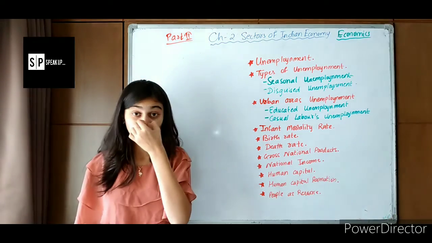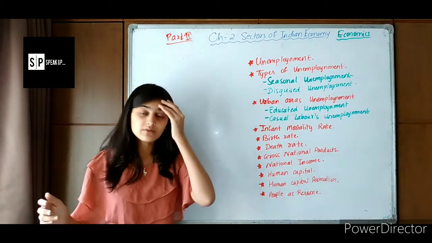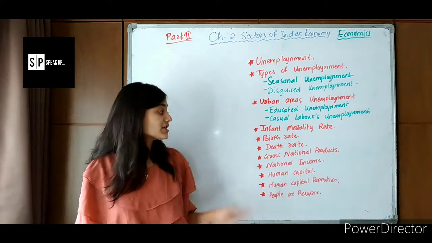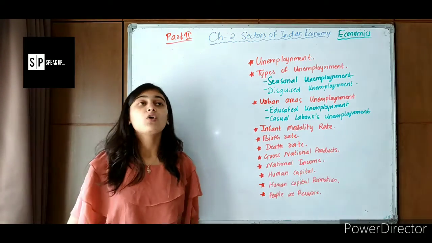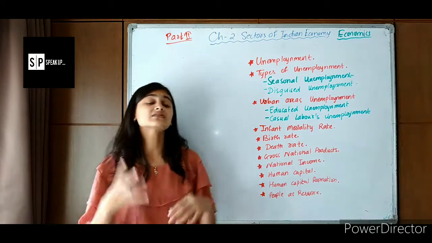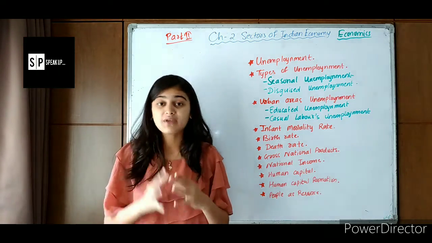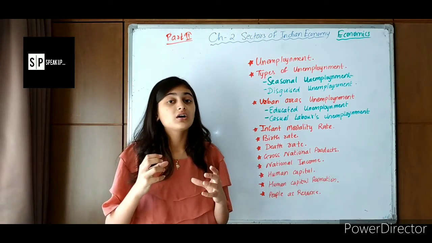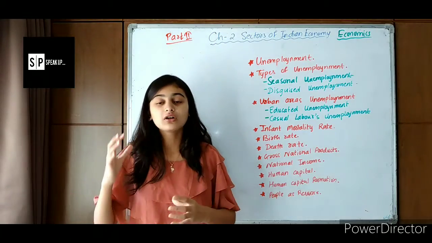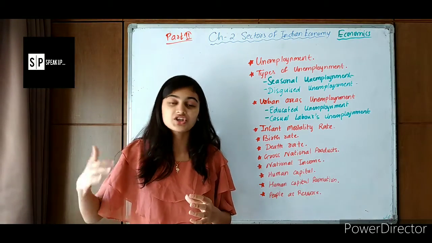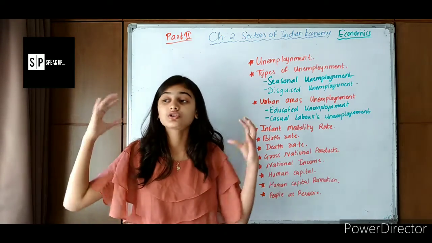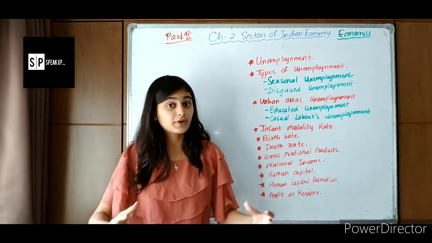Now let's see the other economic terms which are used in our economy or in any other economy. First, infant mortality rate. What do we mean by infant mortality rate? Infant mortality rate is the average estimation of the deaths of children below 1 year out of 1,000 children's births in a particular period of time.